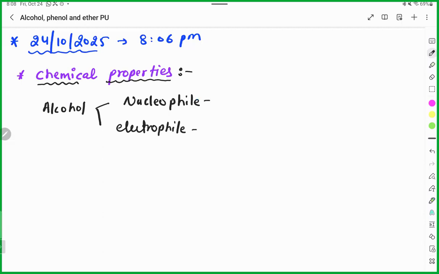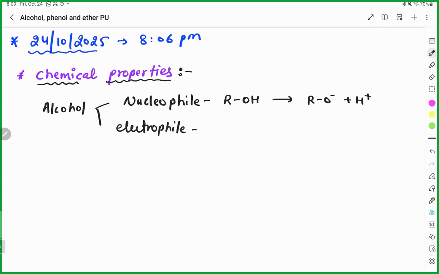Smart. Sir, cleavage of the OH bond will give a nucleophile. Exactly. Example, we have this. If it forms like this and releases H as positive ion, you can say it is a nucleophile, when it is releasing H as positive ion and there is a bond break between O and H, right?